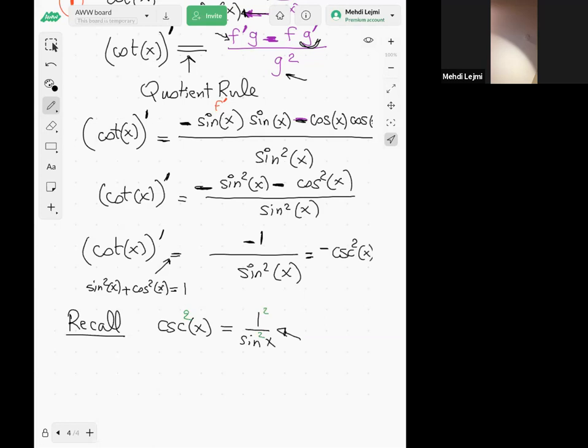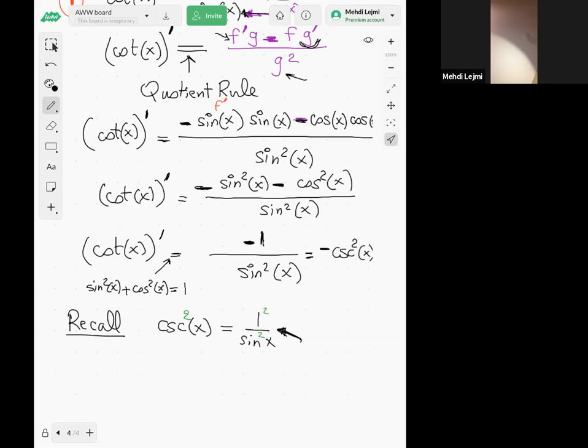So here's minus 1 over sine square, and 1 over sine square is cosecant square. So the derivative of cotangent is -1 over sine square. In other words, it's negative cosecant square. What else?